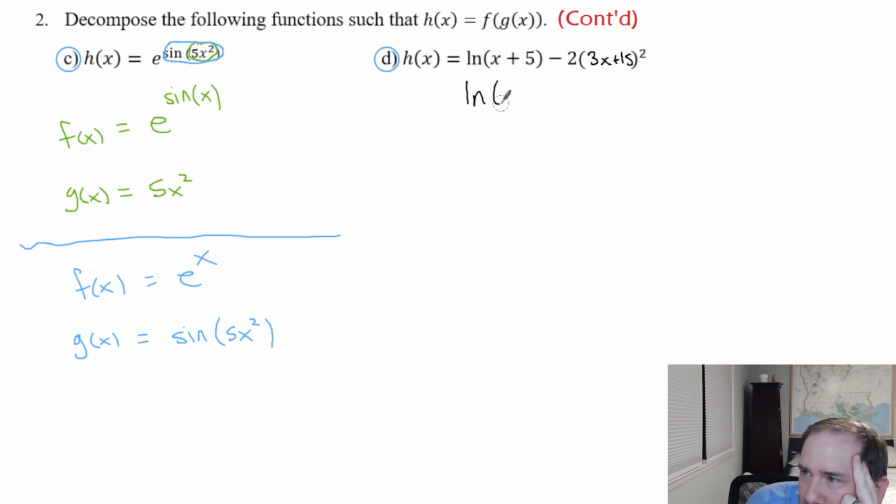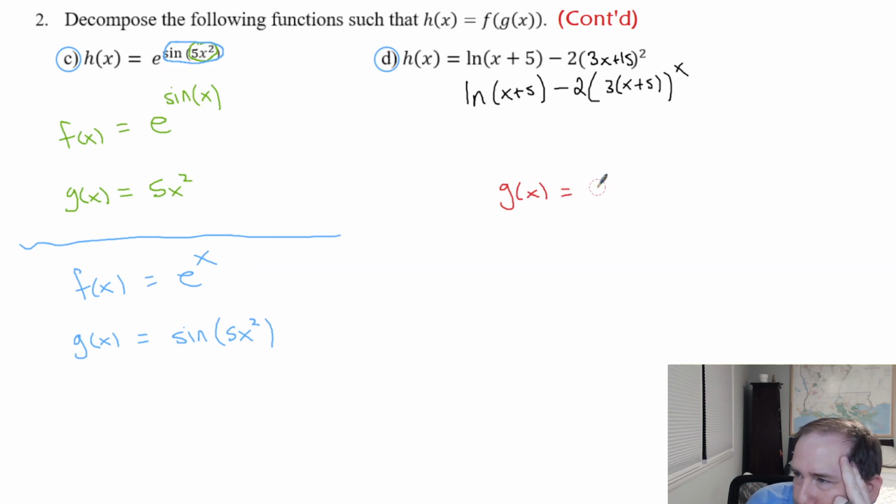So this would be the ln of x plus 5. You could pretty quickly just break this down to 3x plus 5. And then you could still use the x plus 5 as your inner function. Let that be your g of x. And then let your outer function be the ln of x minus 2 times 3x squared.